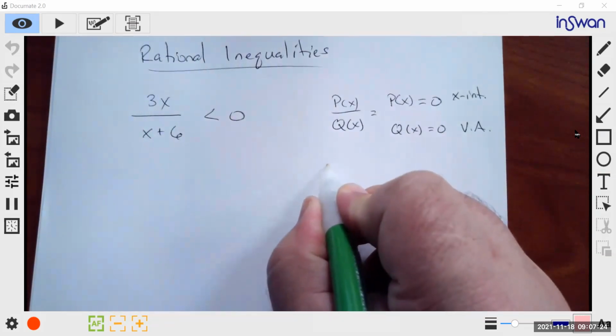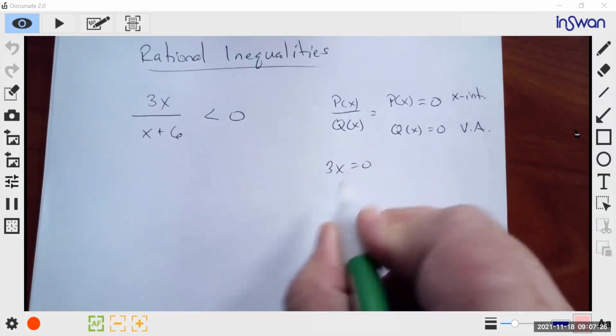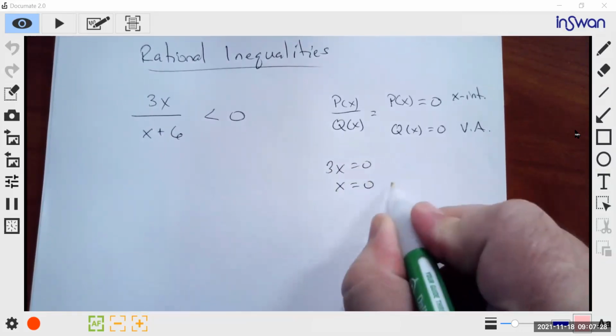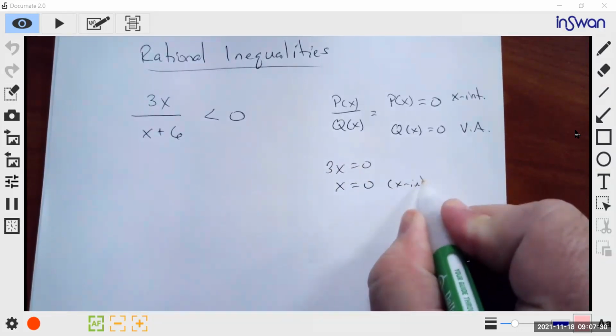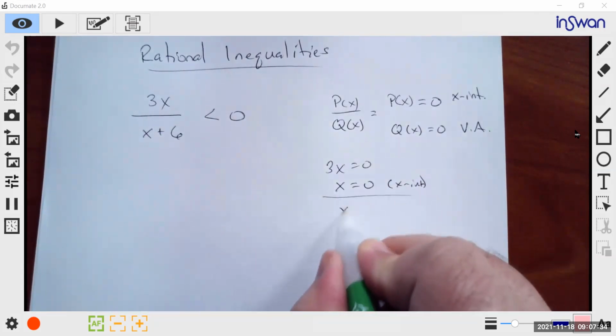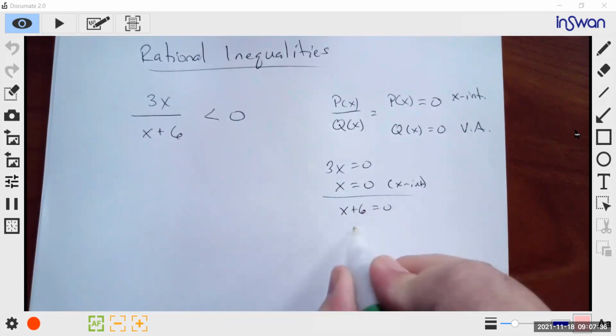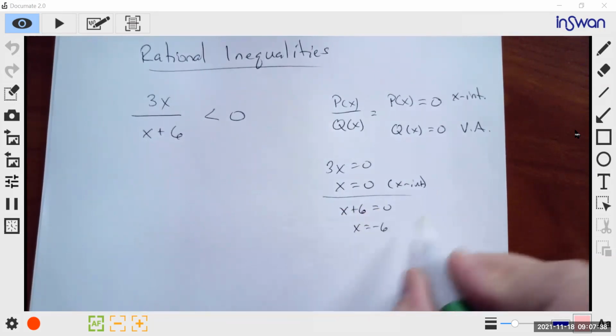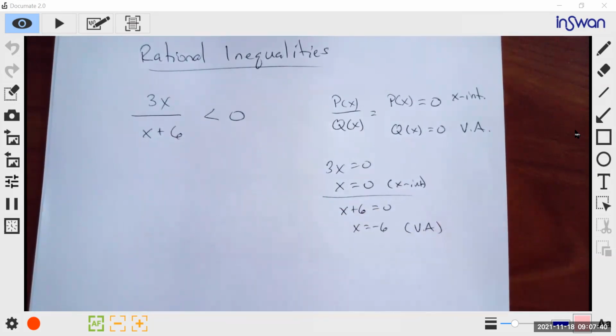So 3x equals 0, x equals 0. That's my x-intercept. X plus 6 equals 0, x equals negative 6. That's my vertical asymptote.